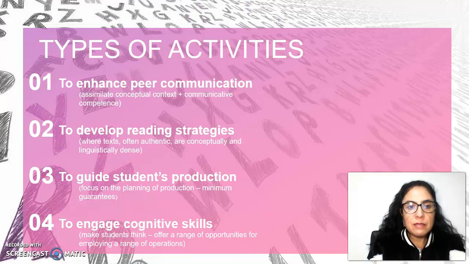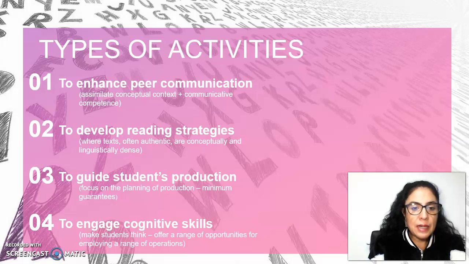The types of activities we can find using CLIL are 4. The first one is to enhance peer communication, where students are expected to assimilate conceptual content plus communicative competence. Number 2, to develop reading strategies, where texts, often authentic, are conceptually and linguistically dense.